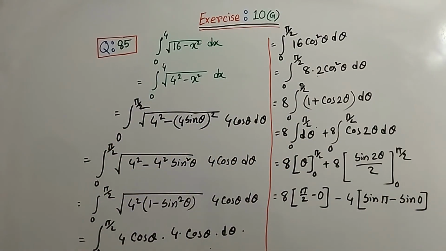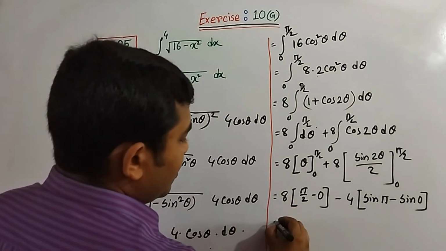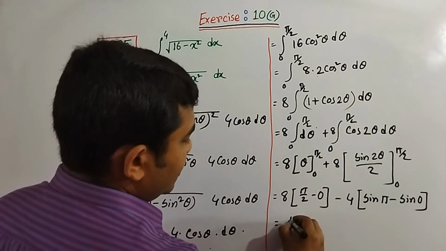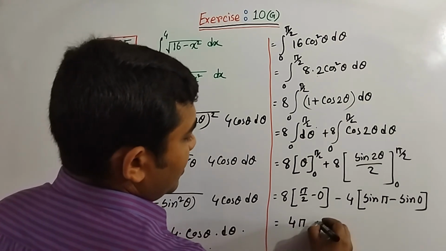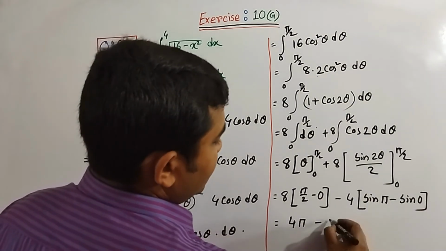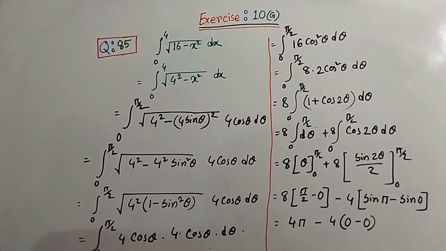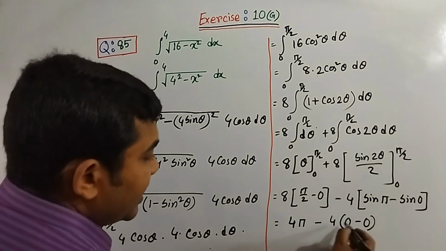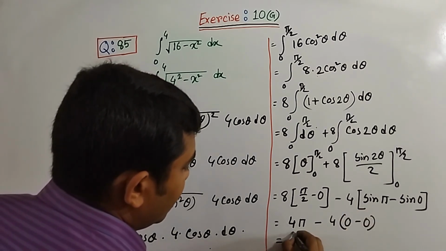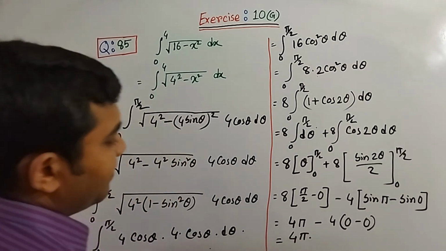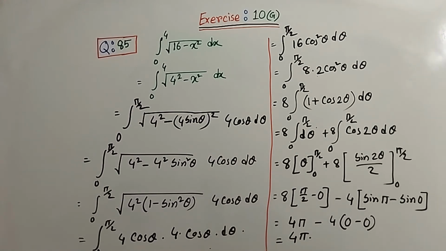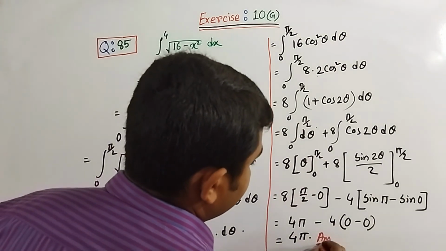And now we finally get 8 into pi by 2, it is 4 pi, minus sine 0 into 0, because we know that sine pi, that is sine 180, is nothing but 0, isn't it? And finally we get this whole part as 0, so the answer is 4 pi. So the answer is 4 pi, and that is our required answer.